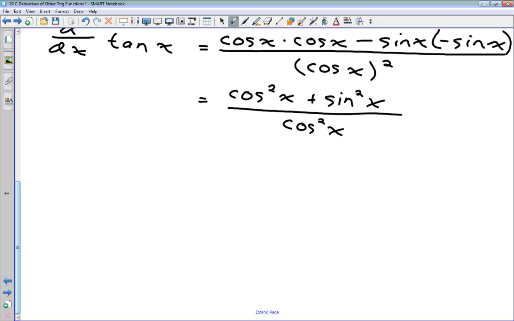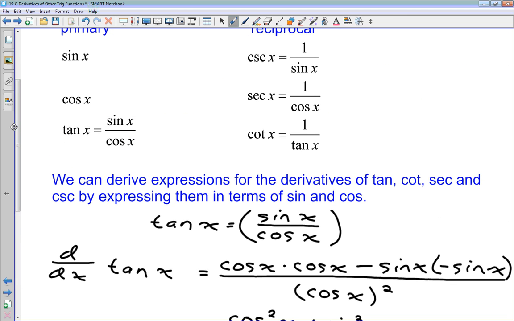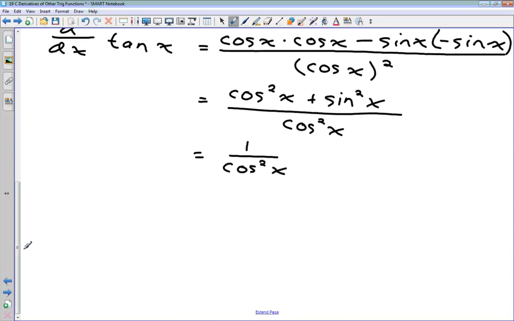Sine squared plus cos squared is equal to, Jennifer, 1. So this simplifies to 1 over cos squared x. Okay. And if we wanted to simplify this even further, we can go back up here and say, okay, 1 over cos x is secant x, so 1 over cos squared x is secant squared x. Okay, and that would be sort of our final expression here.